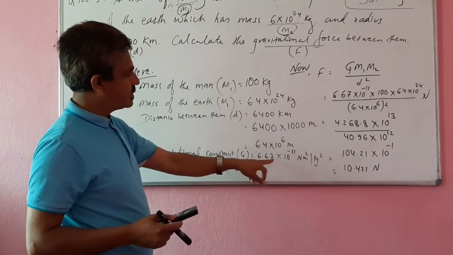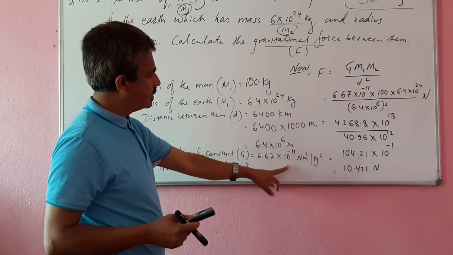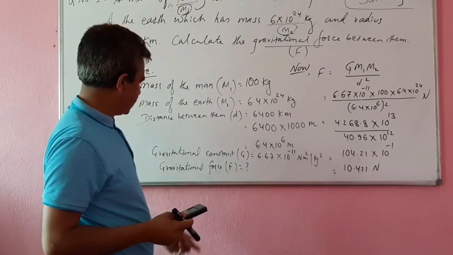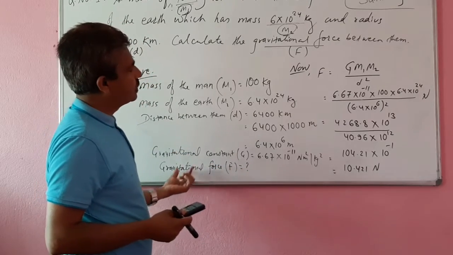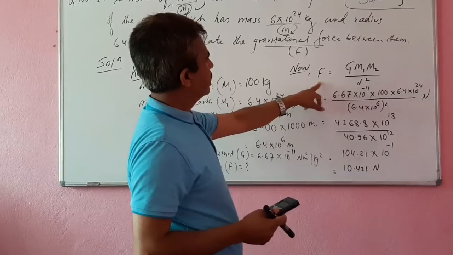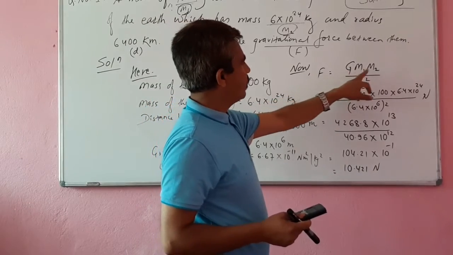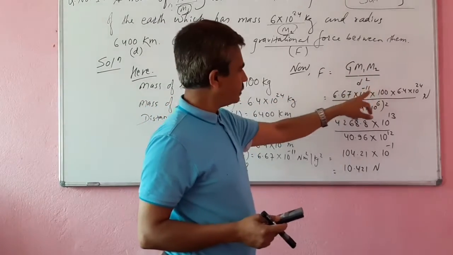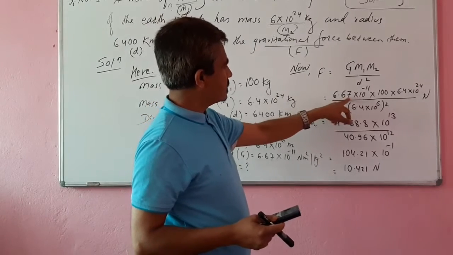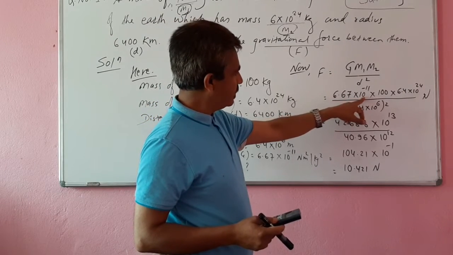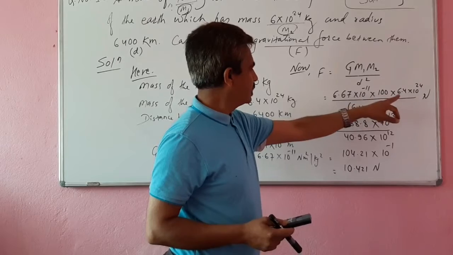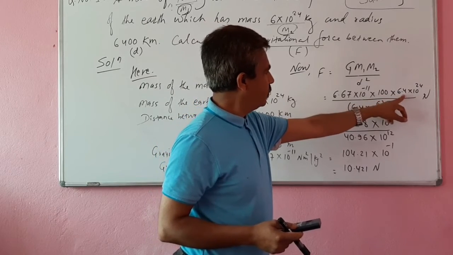Gravitational constant is 6.67 times 10 to the power minus 11 Newton meter square per kg square. Find out the gravitational force. What is the formula of F? Capital G m1 m2 by d square. Capital G is 6.67 multiplied by 10 to the power minus 11, then 100, and here 6.4.